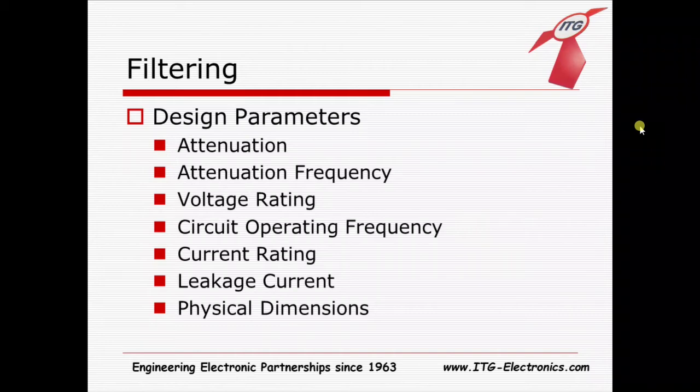As I had mentioned earlier, the circuit operating frequency is going to play into the attenuation frequency somewhat. But being aware of that circuit operating frequency, even if it isn't close to the bottom range of your attenuation frequency, allows you to plan for what are called harmonics in the noise.